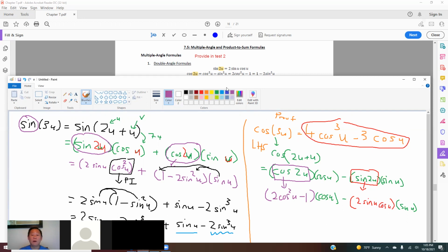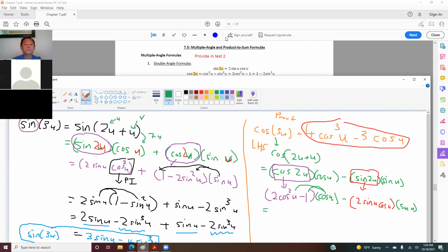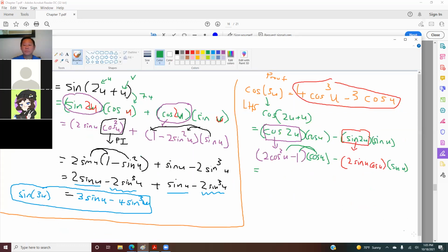So what we do here on the first term is distribute your cosine u in there. When you distribute, what did you get? 2 cosine cubed u minus cosine u. Yep, you will get 2 cosine cubed u minus cosine u.